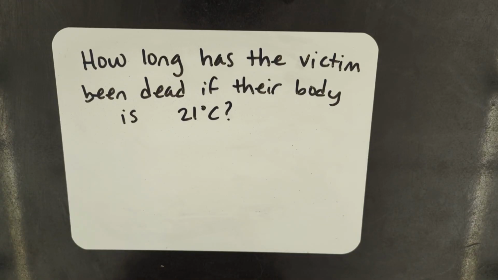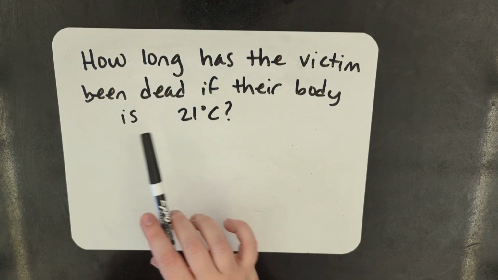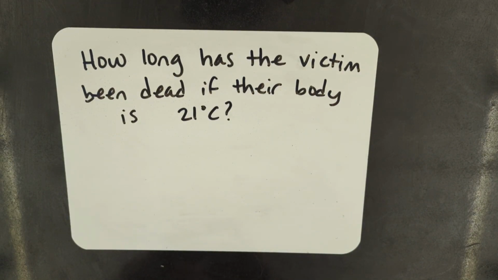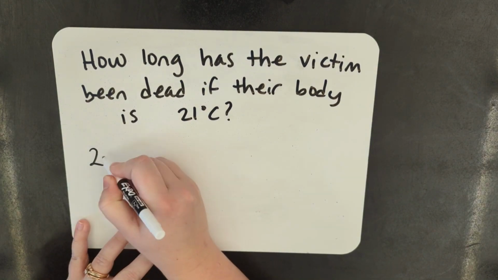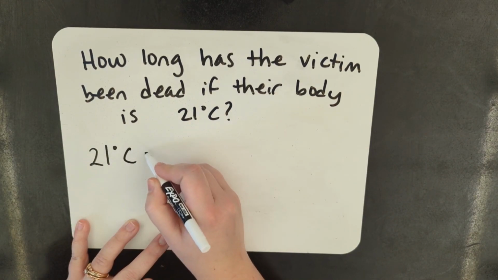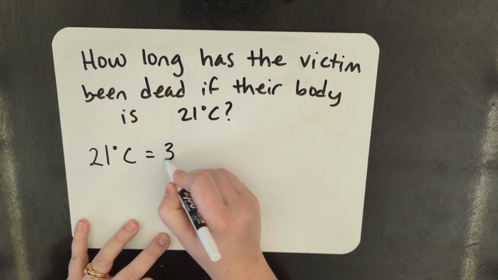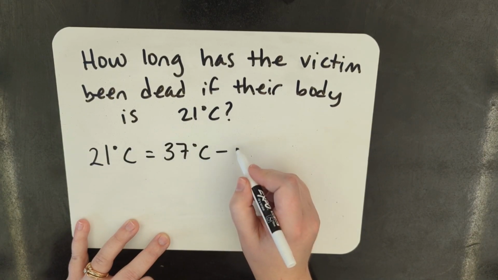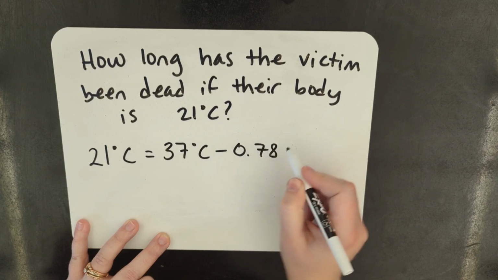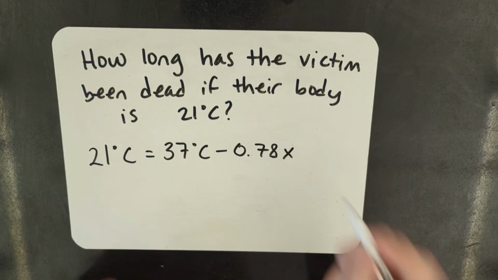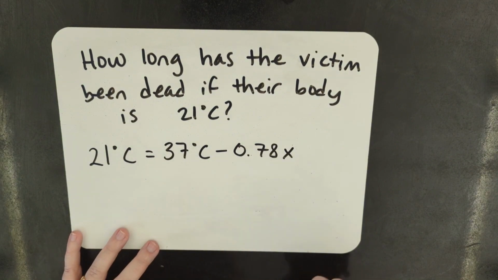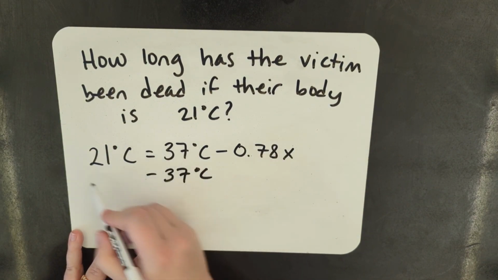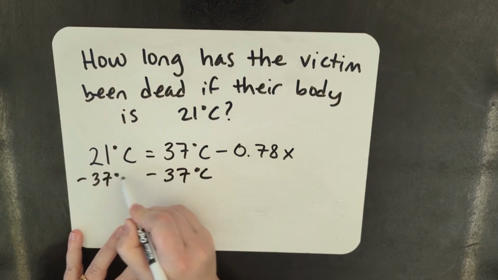Let's try another problem. How long has the victim been dead if their body is 21 degrees Celsius? To start off, we always want to start with our ending temperature is equal to our alive temperature minus the 0.78x. We're going to do this all again. So we're going to take away 37 from both sides.